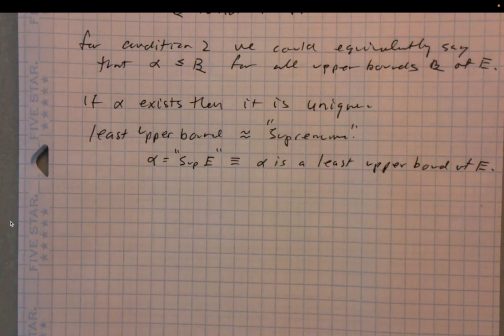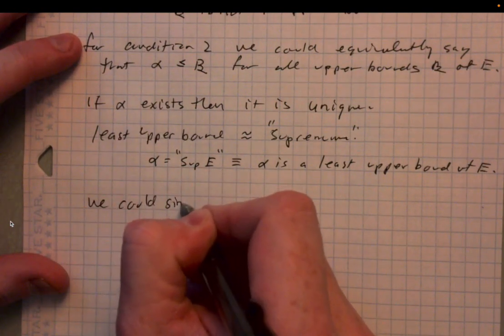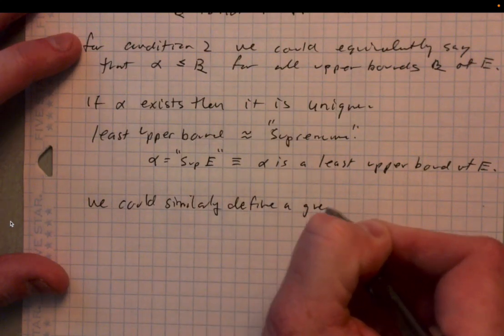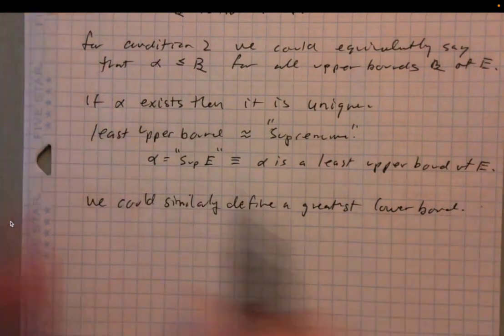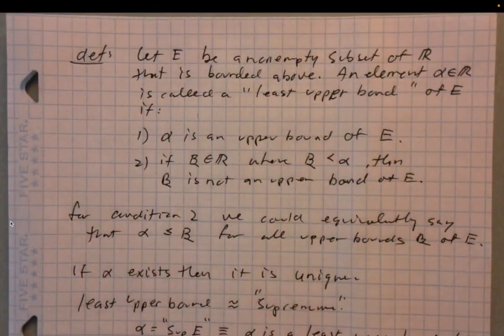And just like with the upper bound definition, we could similarly define a greatest lower bound. It would follow the similar definition, you just have to flip some of the words around.